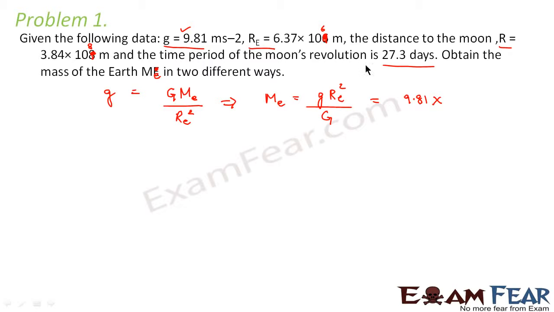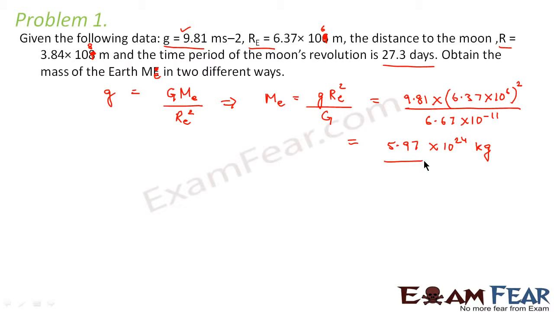Re is given as 6.37 into 10 to the power 6 whole square. And capital G is given as 6.67 into 10 to the power minus 11. Now, if you calculate this value, it comes out to be 5.97 into 10 to the power 24 kgs. So, this is the mass of the earth.